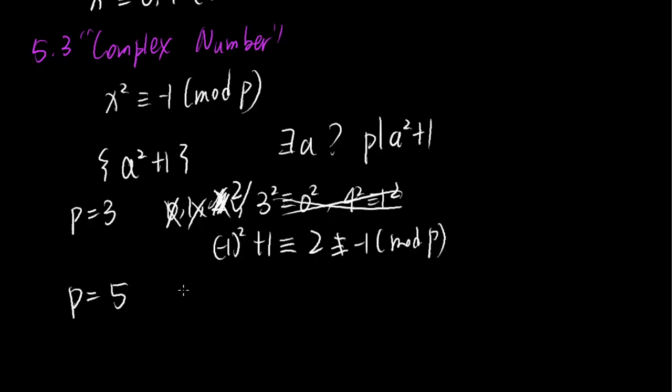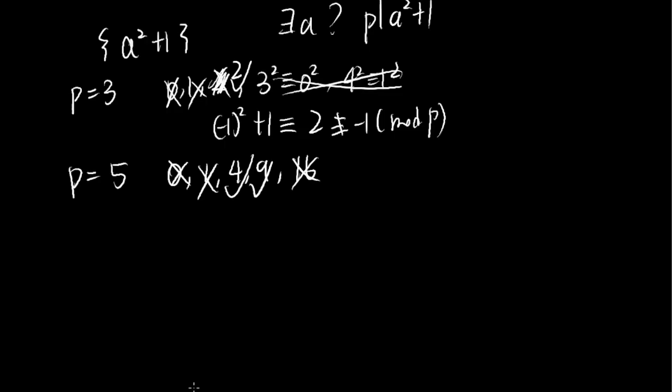We consider 5, and the squares are 0, 1, 4, 9, 16, right? We don't need to consider the two extremes. We don't need to consider 1, and 4 is the correct answer.